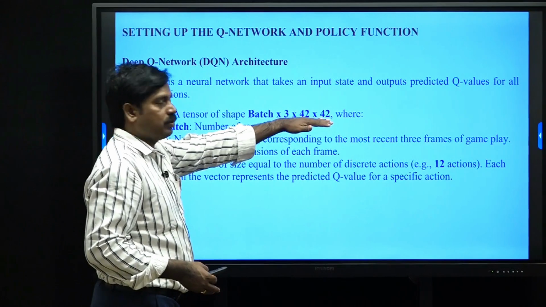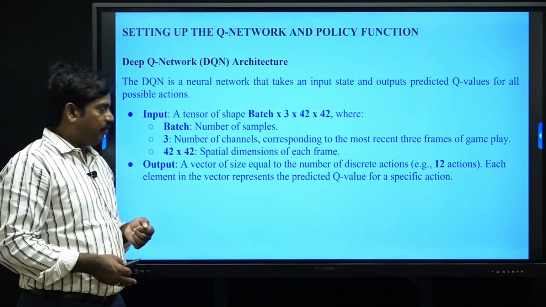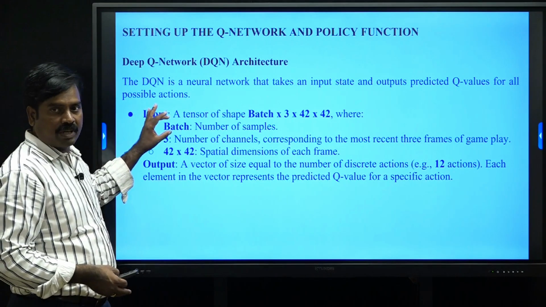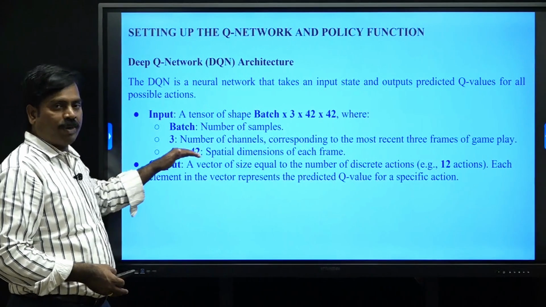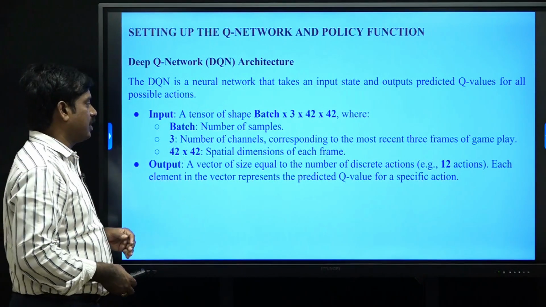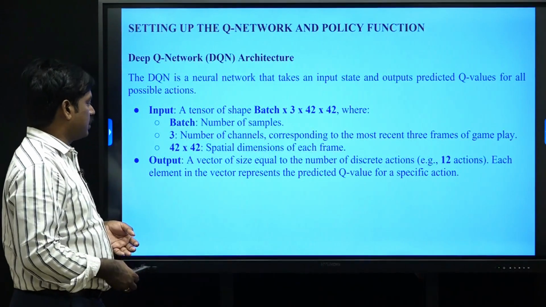Batch is the number of samples, 3 is the number of channels corresponding to the most recent frames of the game, and 42 by 42 is the spatial dimension of the frame.